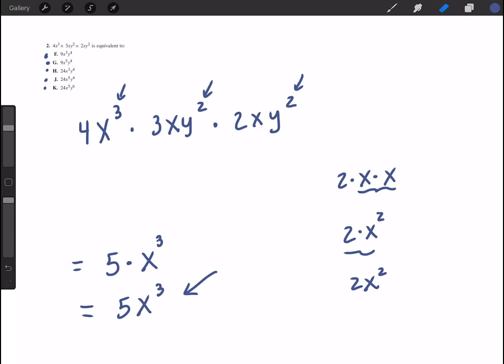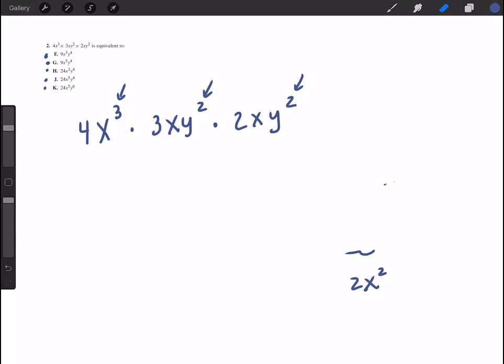Okay, so why did I go over that? Because if you now go back to this prompt and we read it again, it simply wants us to know the product of 4x cubed times 3xy squared times 2xy squared. Even though it's going to seem silly to you, let's see what happens if we expand this. 4x cubed is really 4xxx.